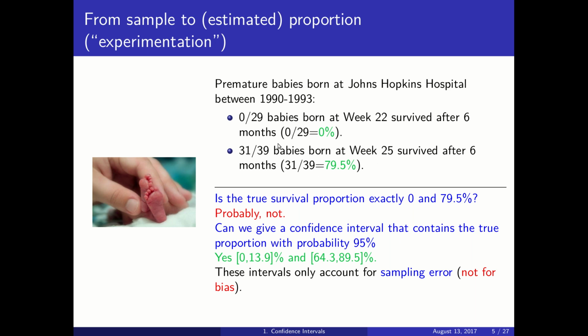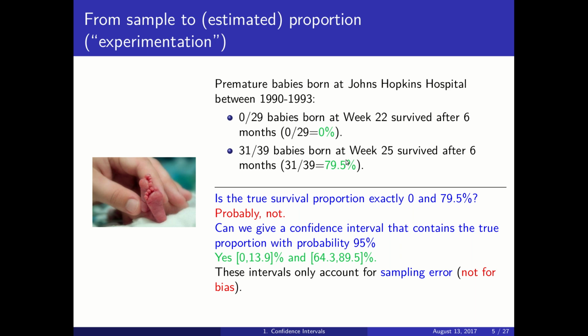So the survival rate here was 0/29, that is 0%. The survival rate here is 31 divided by 39, that is almost 80. So the probability of surviving if you are born on week 25, the observed value is 79.5, and the observed value of the probability of surviving 6 months if you are born on week 22 is 0.